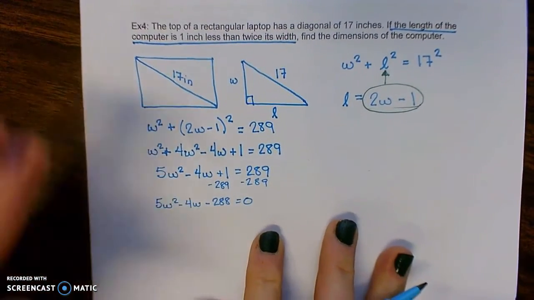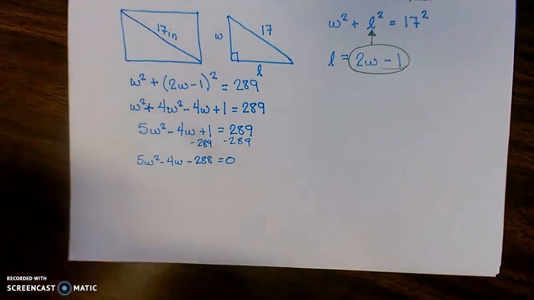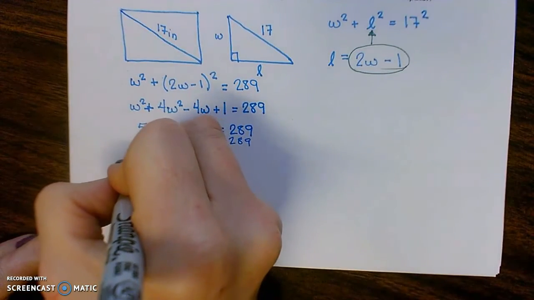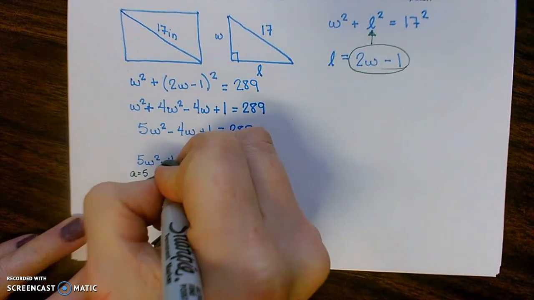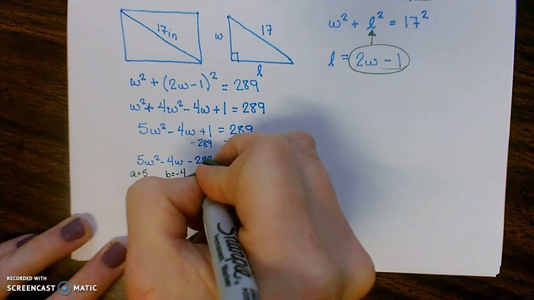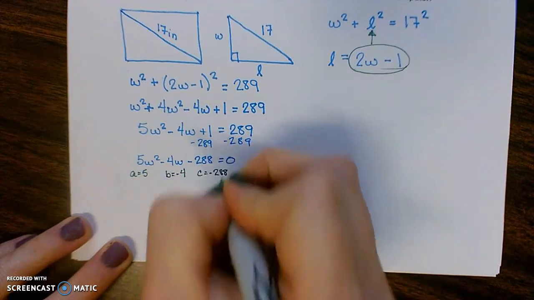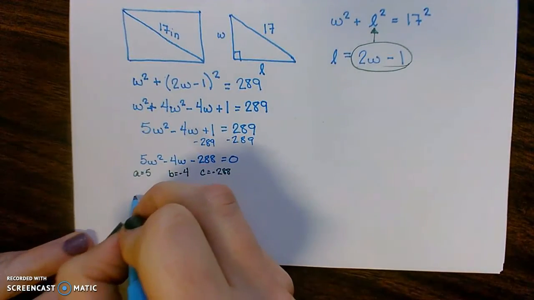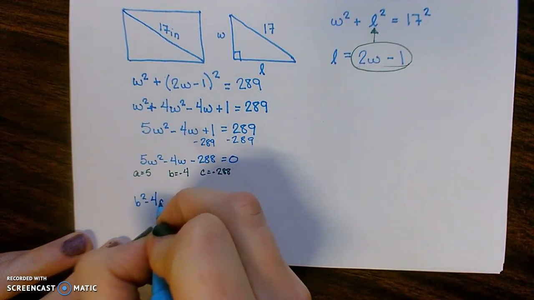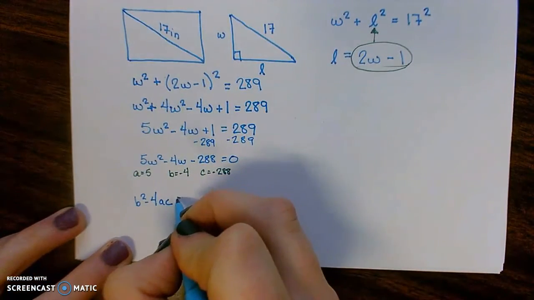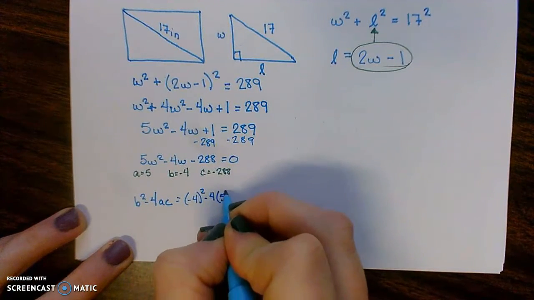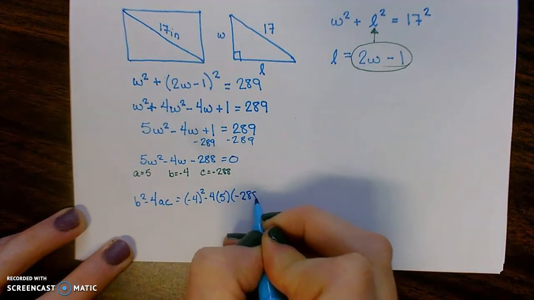Here again, I'd like to use the quadratic formula, knowing that a is 5, b is negative 4, and c is negative 288. First I'll calculate b squared minus 4ac. That will be negative 4 squared minus 4 times 5 times negative 288.